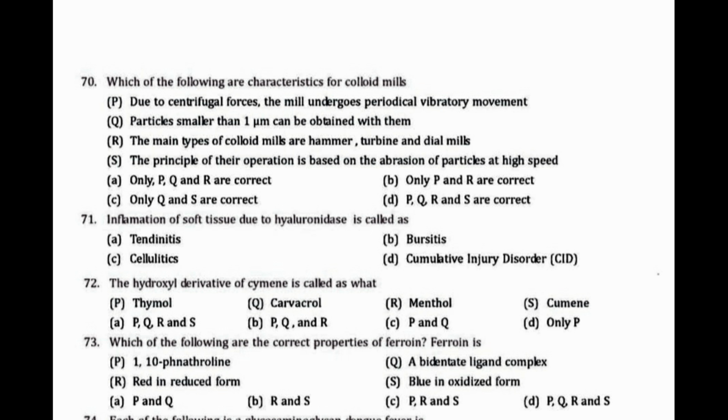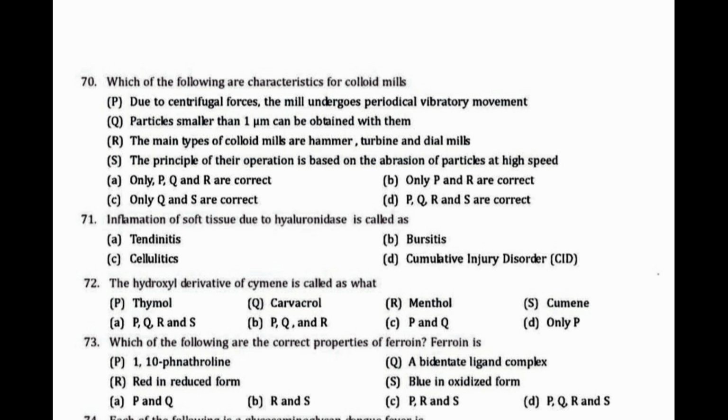Question number 71. Inflammation of soft tissue due to hyaluronidase is called as option A, tendinitis, B, bursitis, C, cellulitis, D, cumulative injury disorder. The correct answer is option C, cellulitis. Then bursitis is a painful condition that affects small fluid-filled sacs called bursae.